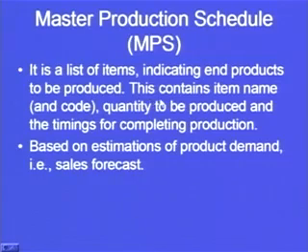It contains the item name and code, maybe sometimes we have to enter the code. Quantity to be produced, it will tell us the number that has to be produced. I have already given you an example, 500 or 1000. And the timings for completing the production. So by week, this will be able to tell us that after the end of, suppose, 6 weeks, this many products should be produced.